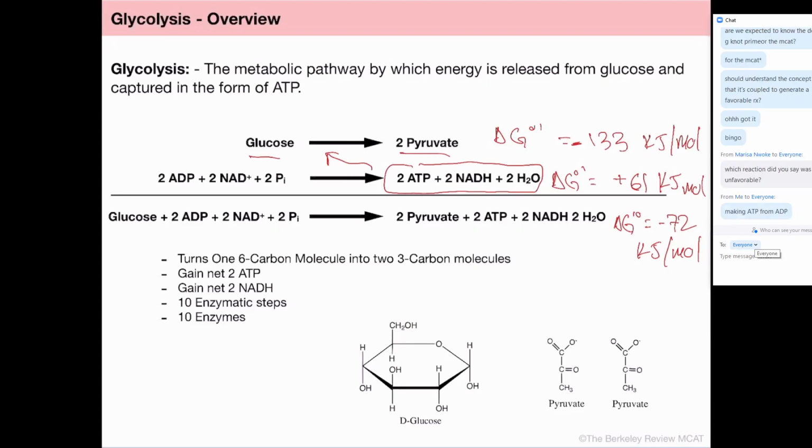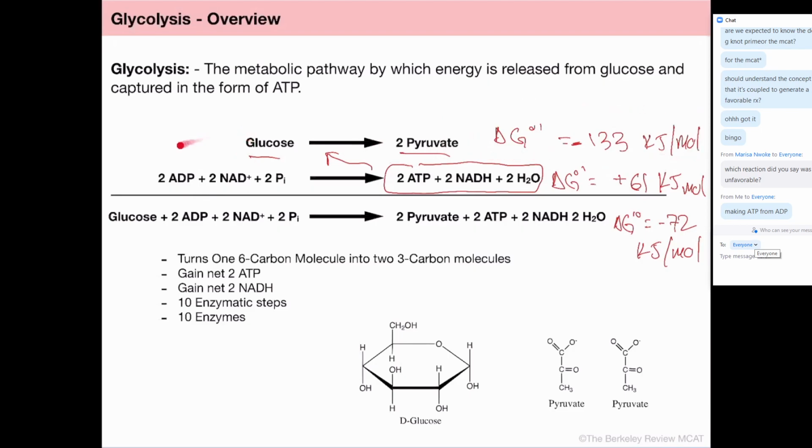So this reaction right here is unfavorable normally. If you just had ADP floating around, it's going to be very unfavorable to go into ATP, right? It's a positive delta G naught prime. However, glucose to pyruvates has a pretty big negative delta G naught prime.